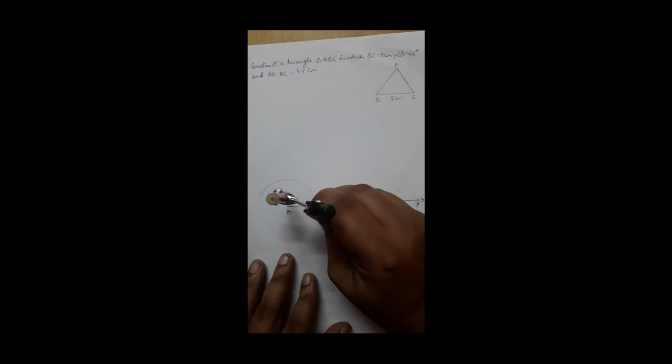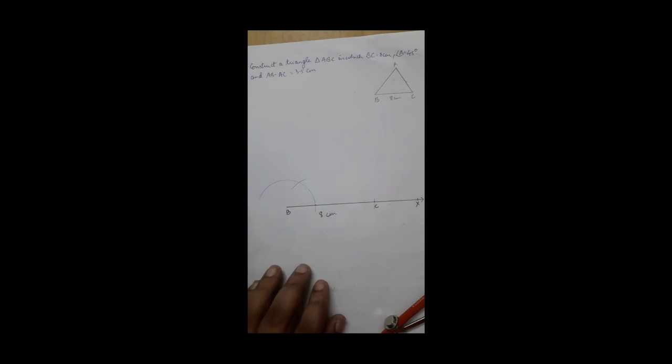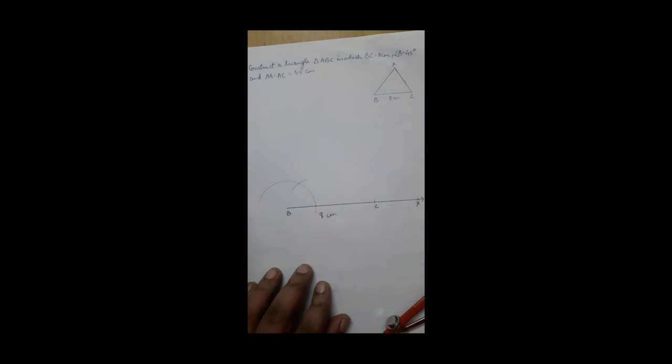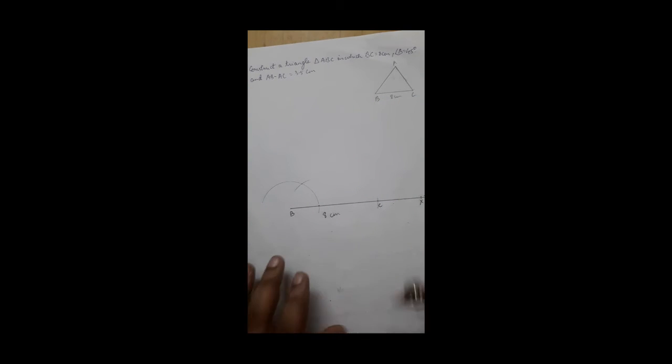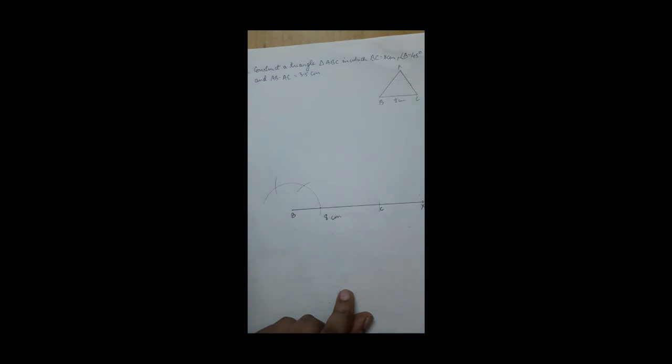Use the same measurement that was used to construct this arc, and I cut another arc this way. Now I mark the point where the two arcs intersect, and I still do not change the measurement, but I use this as a center and construct another arc such that it cuts this big arc this way.